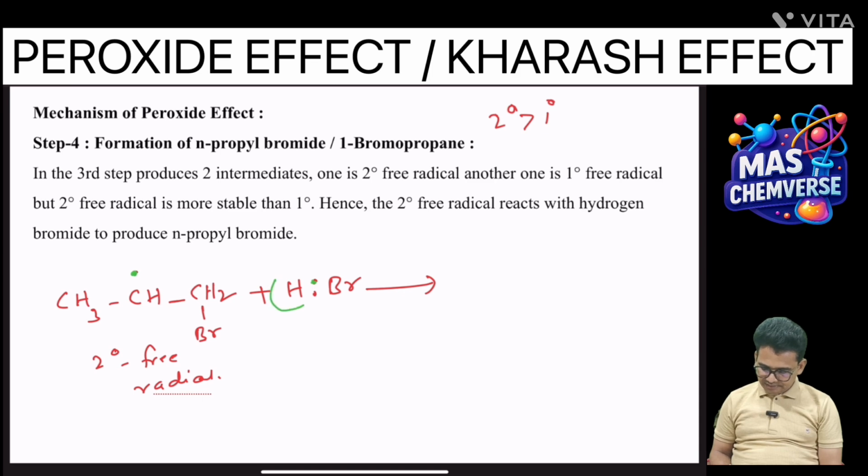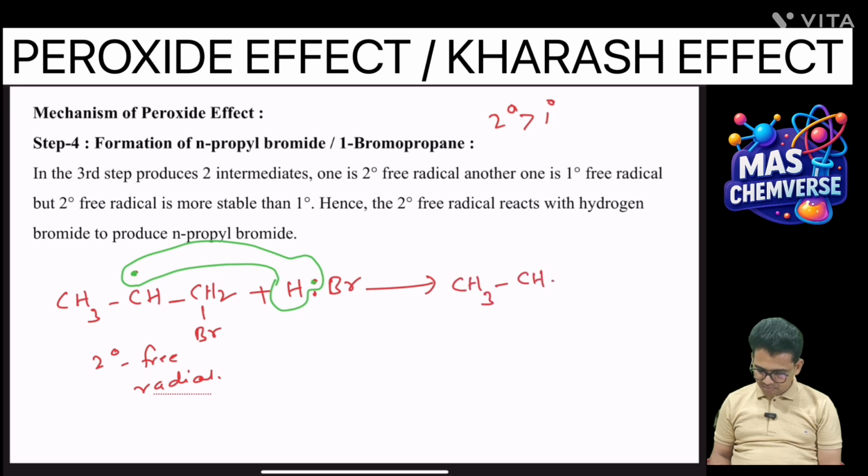That's why this hydrogen comes with this electron here. Here two electrons with that. What product is going to be formed? One electron is taken from hydrogen bromide, one electron is present in the secondary free radical, with these two electrons hydrogen is going to form the new bond.